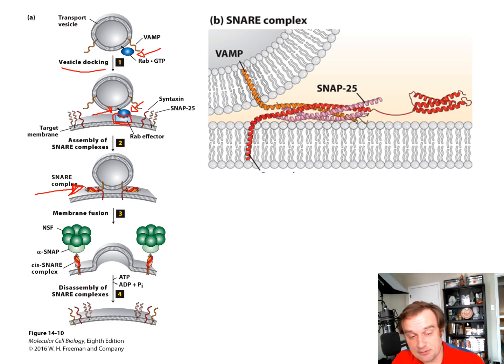And so in step 3 here, we have fusion of those two membranes. This drives the dissociation of the snare complex when the membranes fuse, and that frees the snare proteins for another round of vesicle fusion. And so they can be reused in that case. And at this point, RAB-GTP hydrolyzes to RAB-GDP and dissociates from the RAB effector, which isn't shown.